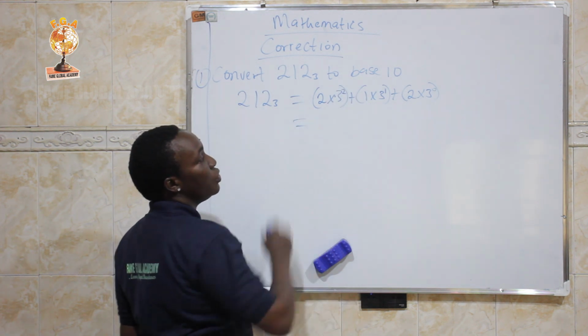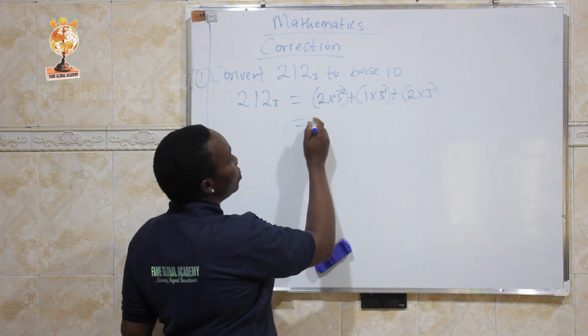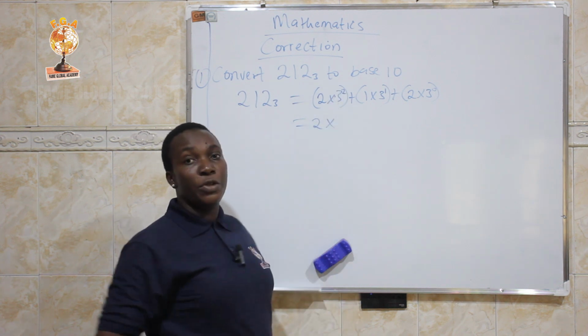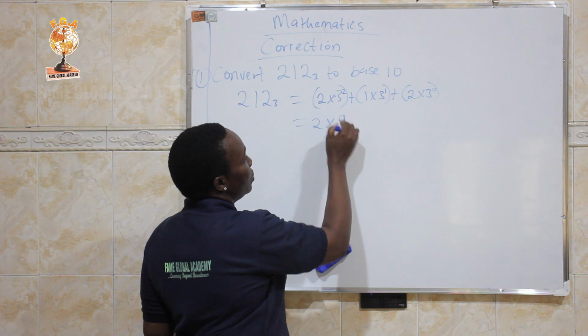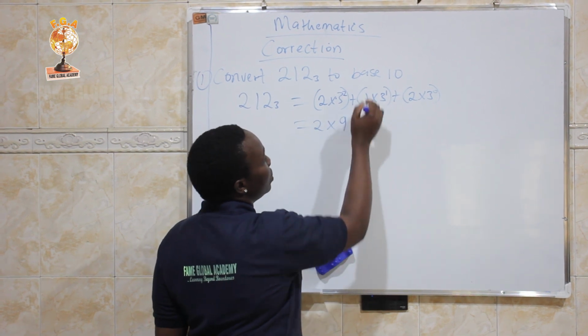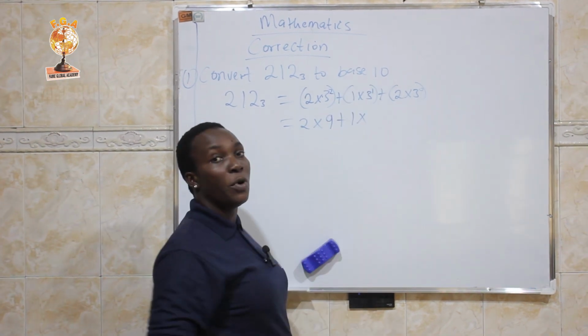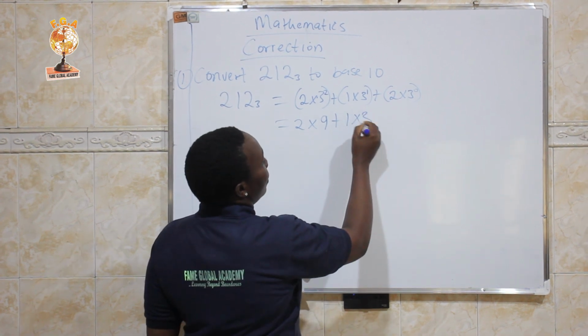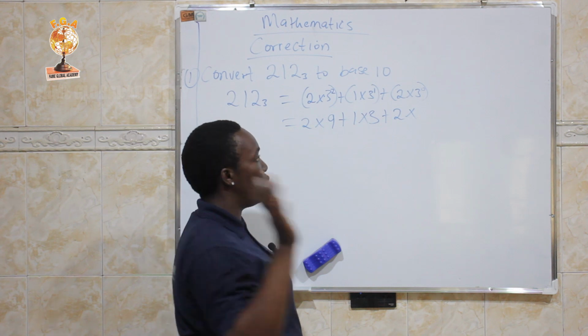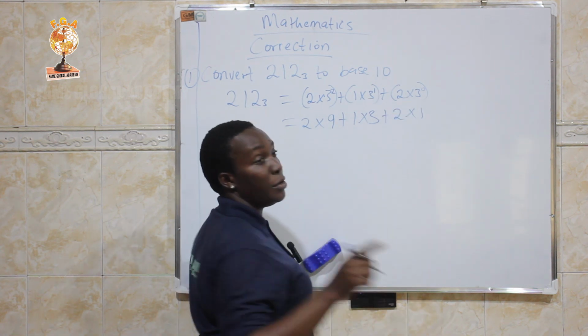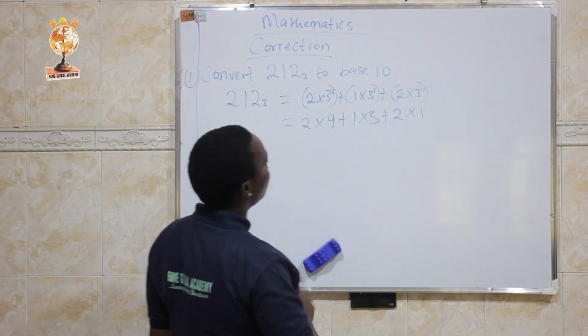Okay, so we continue with the expansion. 2 times 3 raised to the power of 2, 3 times 3 is 9, so we have 2 times 9, plus 1 times 3 raised to the power of 1 is 3, plus 2 times 3 raised to the power of 0 is 1. I've said that before: any number raised to the power of 0, the answer is 1.